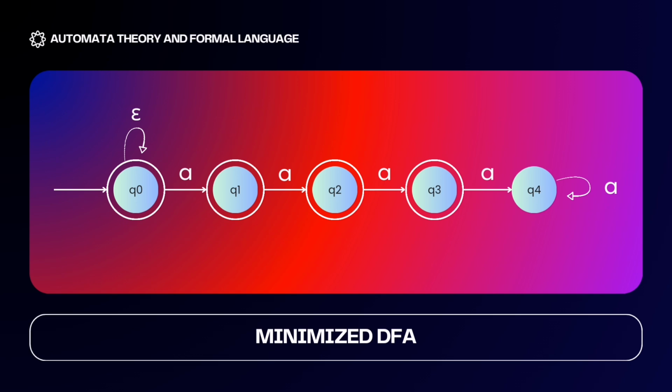We have accepting states Q0, Q1, Q2, and Q3, and another reject state which is Q4. So input epsilon, Q0 returns, input A goes to Q1, another input A goes to Q2, input A goes to Q3, input A goes to Q4, and input A will return to Q4.